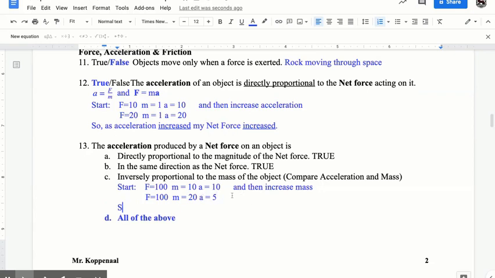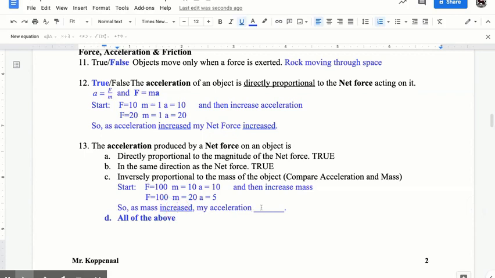So I could say, as mass increased, my acceleration, and then whatever word you put here is going to answer this question. So as mass went up, now if you were to say increase, it would be direct. If you were to say decrease, meaning going the opposite direction, it'd be inverse, right?